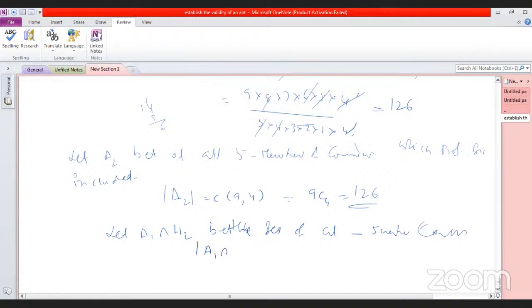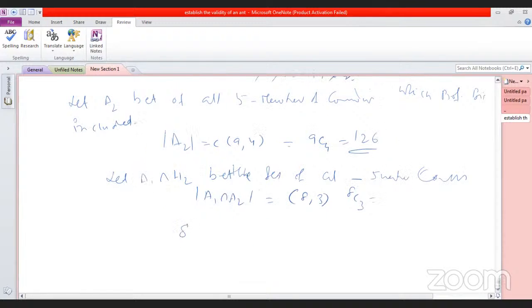We can write modulus of A1 intersection A2 is 8C3. That is 8, 7, 6, 5 factorial over 8 minus 3, that is 5 factorial, into 3 factorial, which gives 56.